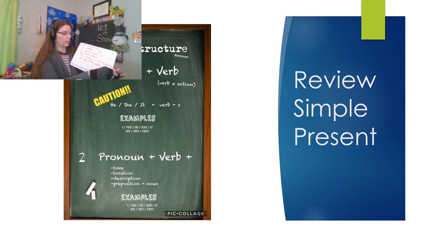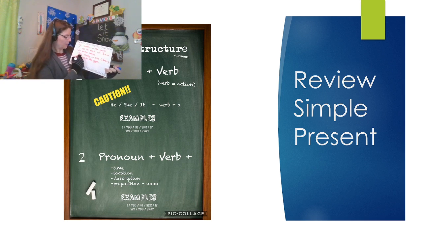This is the pronoun. I always like to use my different color markers. Here's the pronoun. That's our step 1, right? Pronoun. Here is our verb. Go, study, watch, go, and walks. That is step 2, an action verb.